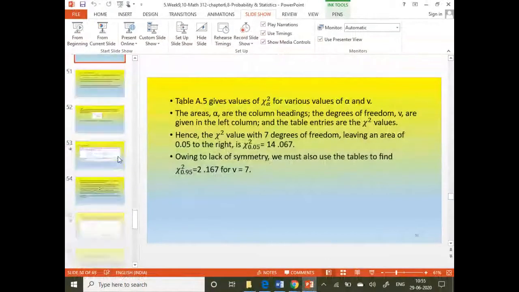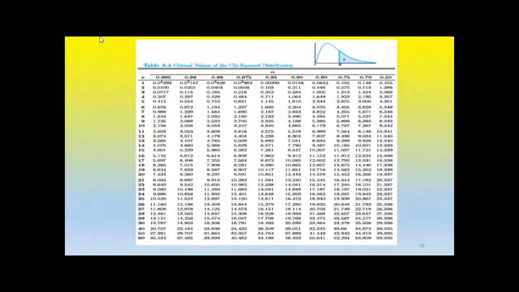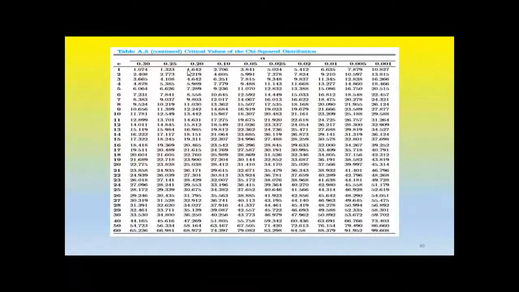Let me go and show you. Degrees of freedom is 7, you are here. Move this way. Alpha is 0.05. Is there 0.05 here? No, in this table it's missing. So go to the second table. There are only 2 tables. Again, degrees of freedom is 7. In this row you are going to browse for 0.05.